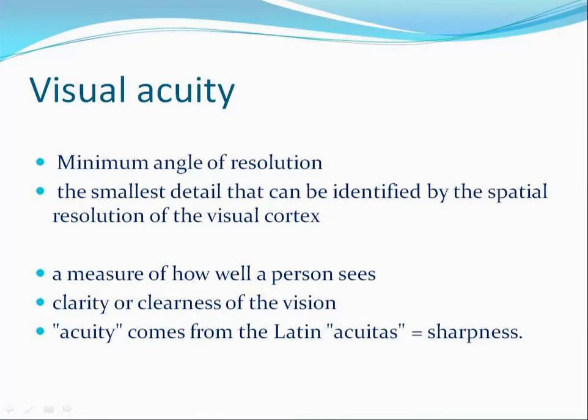It is defined as the smallest detail that can be identified by the spatial resolution by your brain, in your visual cortex. In other words, it is a measure of how well a person can see, distant or near, to say how much clarity or sharpness is there in his vision. That is defined as visual acuity.